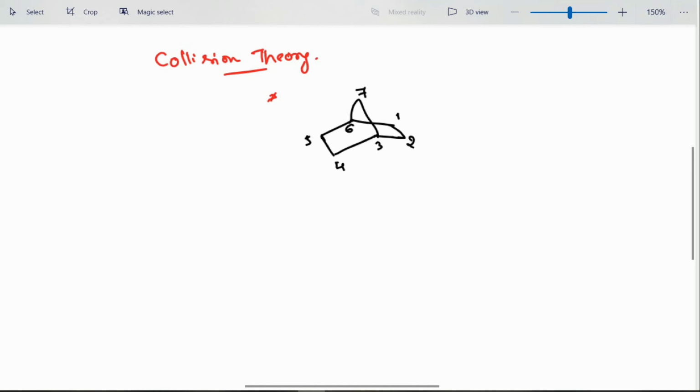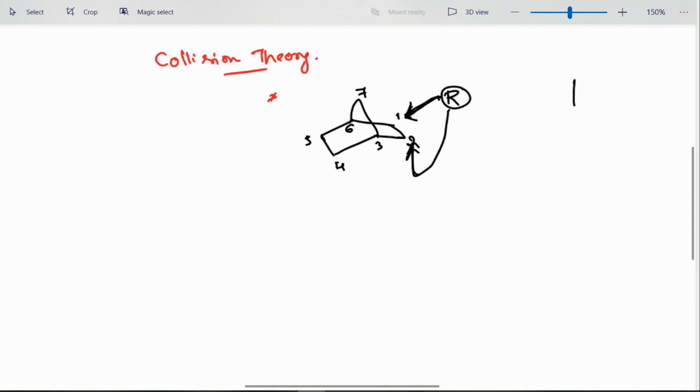Okay, so here if a reagent, let us say R, is attacking these given carbon atoms present in this particular structure, it might be attacking from this direction or it may be attacking from this direction. If the reagent is attacking from this direction, it is called the equatorial attack. If the reagent is attacking from this direction, it is called the axial attack.